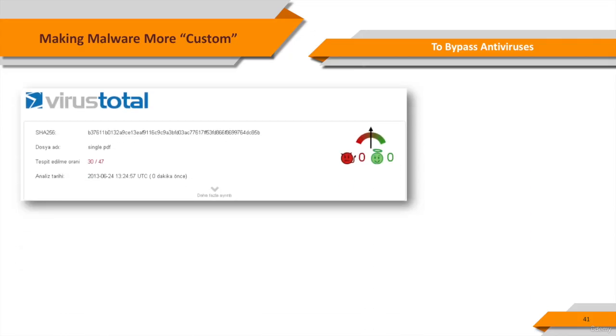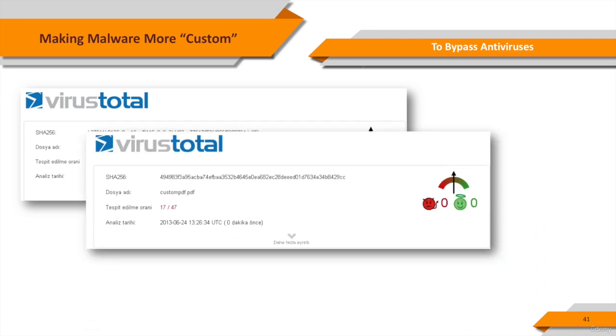In the first picture, a Windows/Meterpreter/reverse_tcp payload embedded PDF file is scanned on virustotal.com. No obfuscation or customization was performed, so 30 of 47 antivirus programs detected it.